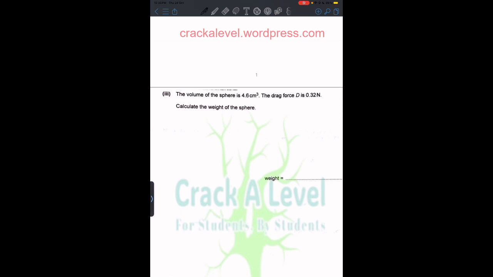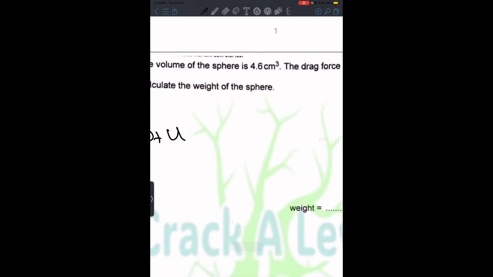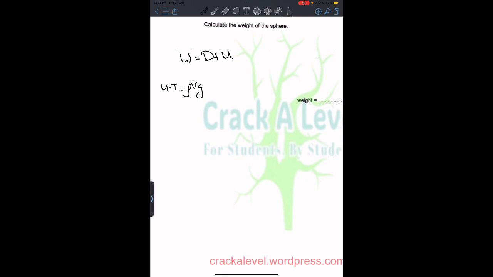Okay, and the drag force we know. Calculate the weight of the sphere. So we already knew the formula, W is D plus the upthrust. Now upthrust, and be very careful, a lot of people make mistakes here, the volume is in centimeter cube. Usually when we calculate upthrust it is rho V g, so we need the volume in meter cube.